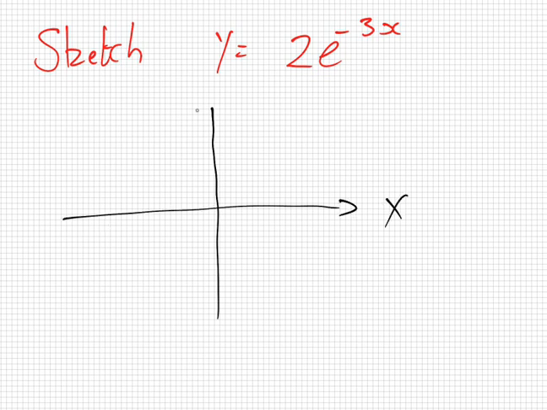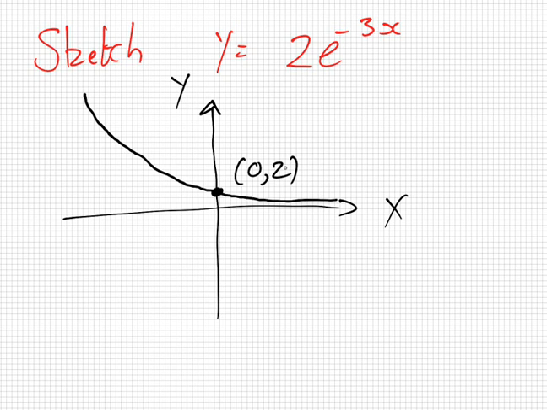You go x, y, decreasing, and then here, what point is here by the way? Very good. 2, no, try it again. (0, 2). (0, 2), not (2, 0), yeah. Okay?